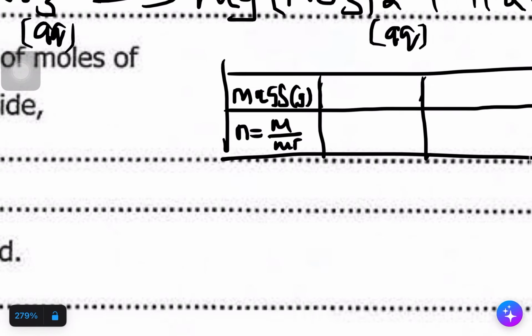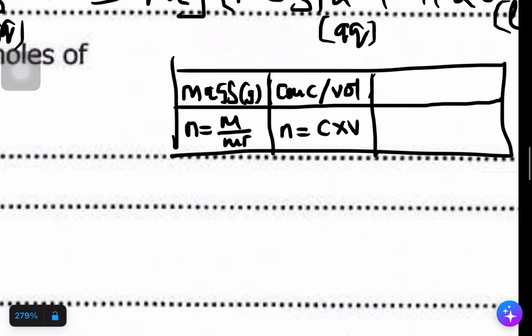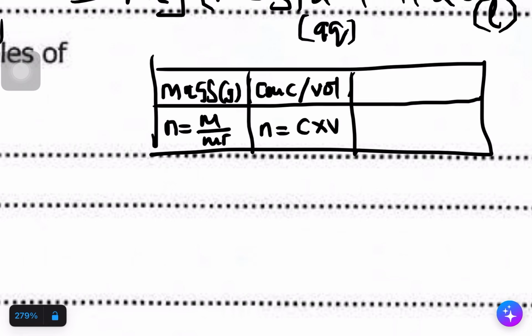And then here we have concentration and volume. When you're calculating the number of moles, we say number of moles is equal to concentration times volume. And then this side, the end part, we have gases. Gases can be at RTP or STP.